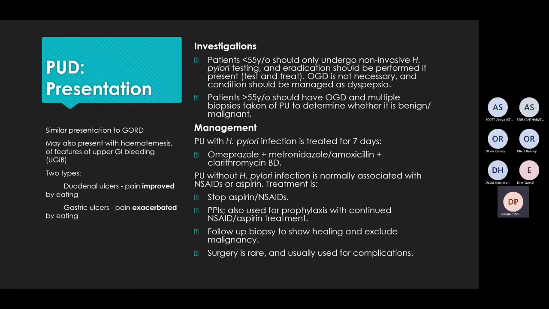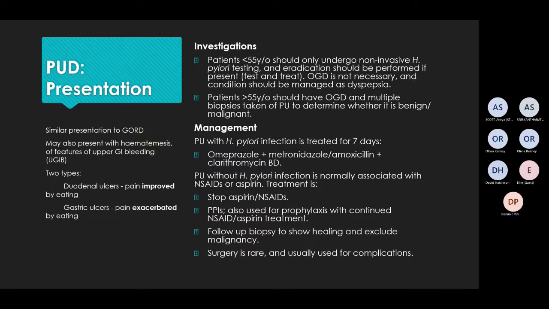So the presentation is often similar to GORD. You might hear of someone who's been taking loads of NSAIDs for a few months or a couple of years actually. They might have osteoarthritis and they've got this pain in their abdomen.